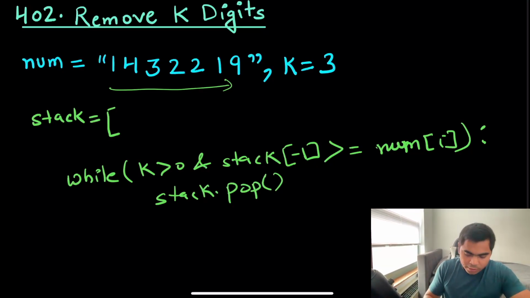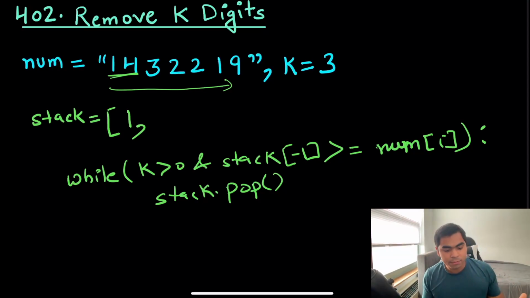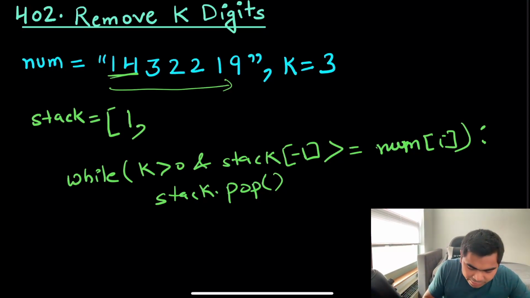Let's go over it. First I see 1, and I append it to my stack. Then I see 4. Between these two numbers, if I have to delete something, I would rather delete 4. But the number on the stack is smaller than 4, so we do nothing. I will just append 4 here and go to the next number, 3.